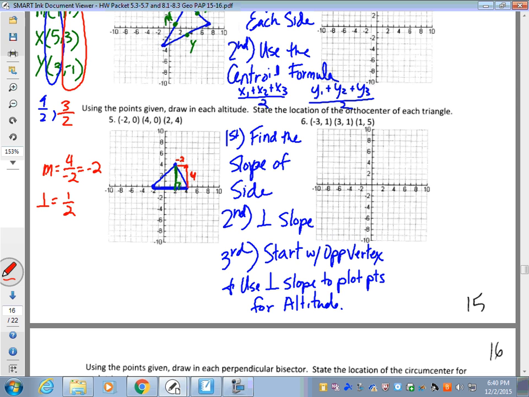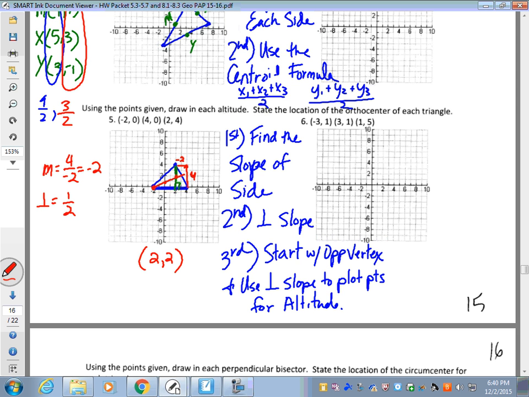Now to do that, I have to start at the opposite vertex. The opposite vertex would be over here at the negative 2, 0. And now I'm going to complete a slope of 1/2. So that means I'm going to go up 1 over 2 plus that point. And then I can see it intersects exactly at that point. And you want the point of intersection to get the orthocenter. So this orthocenter on the example that I did is at 2, 2.